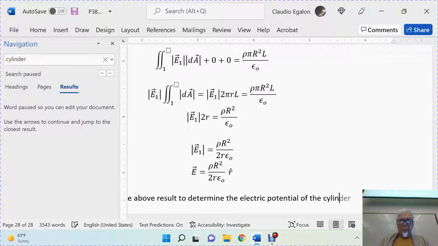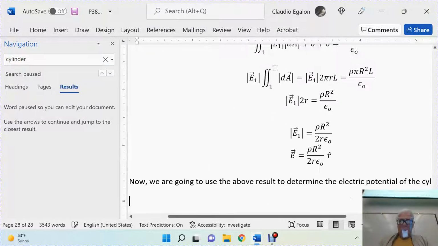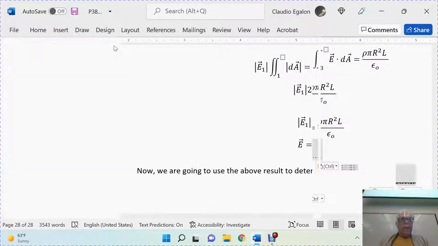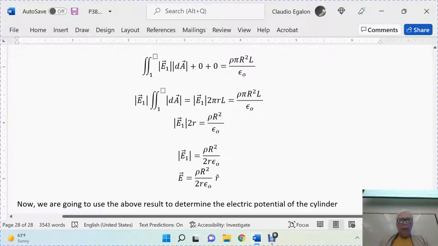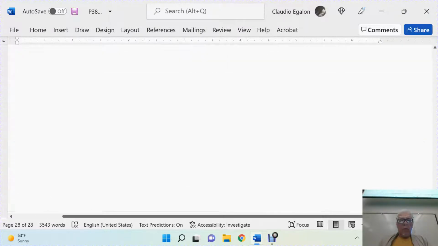Okay, so let's go ahead and get the definition of electric potential. Let's go back to the definition.